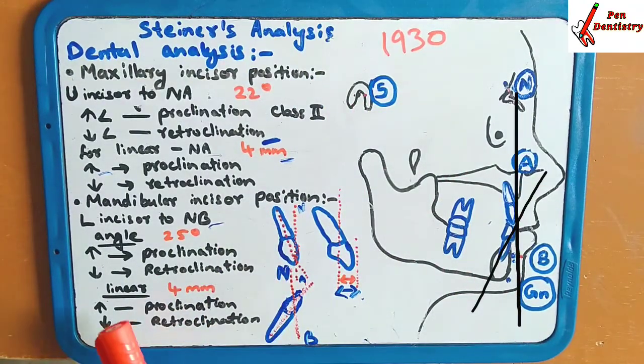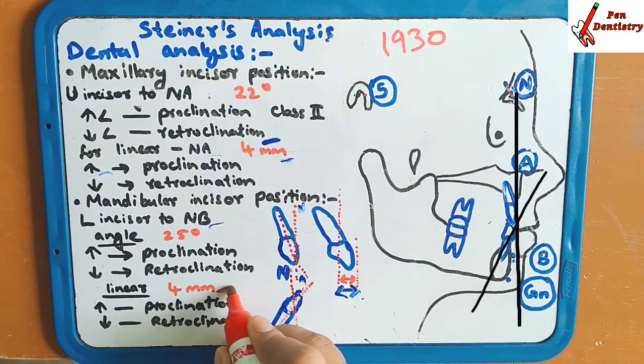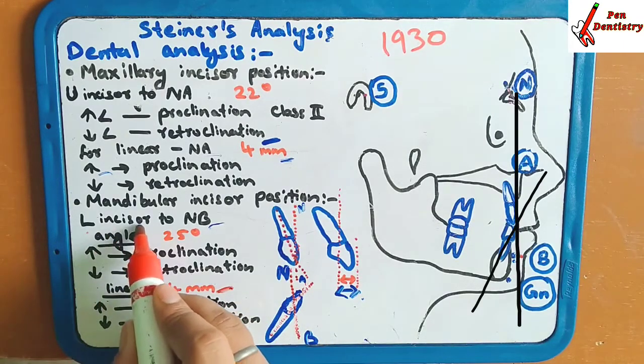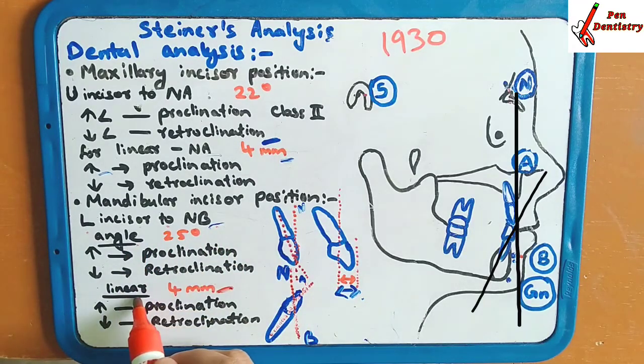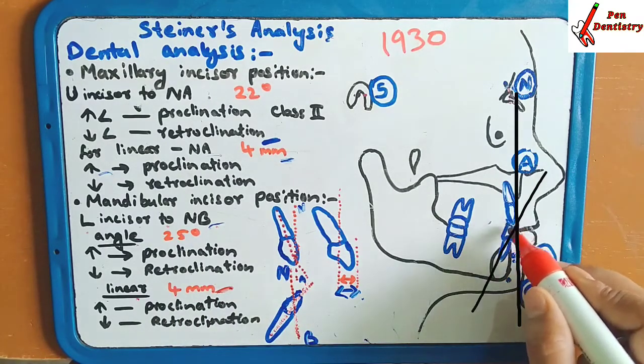And this linear value is 4 mm. Lower incisor to NB linear, when you take it, is 4 mm. We have taken lower incisor to NB angle, and lower incisor to NB linear. How is this 4 mm? This is the point B, and this is the long axis of the tooth.